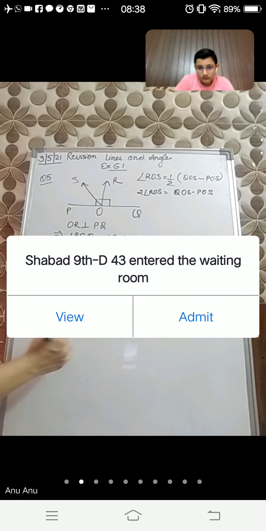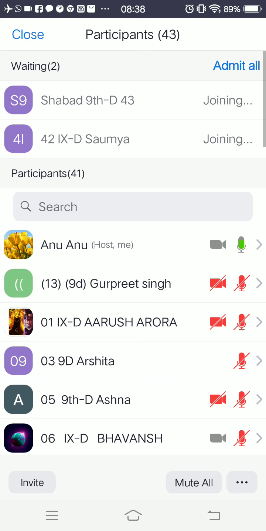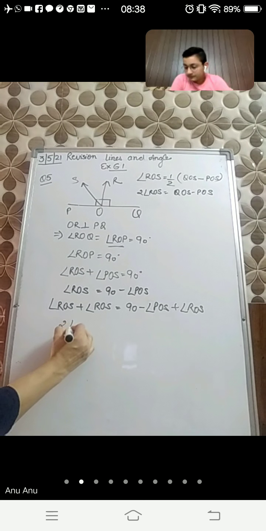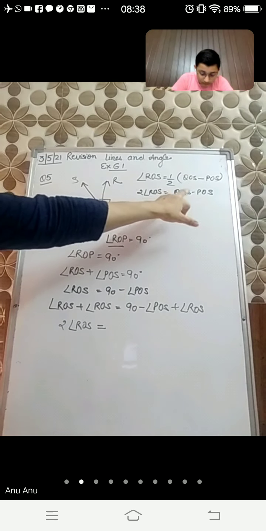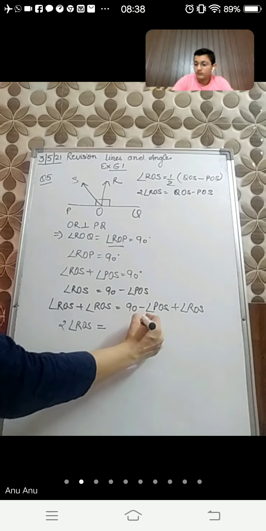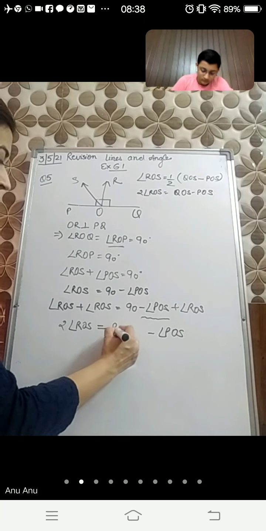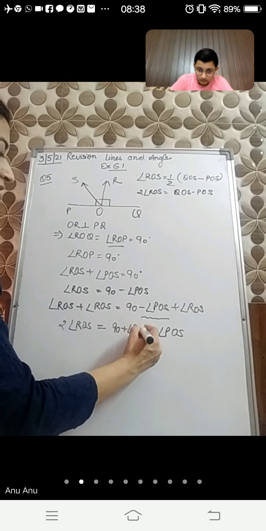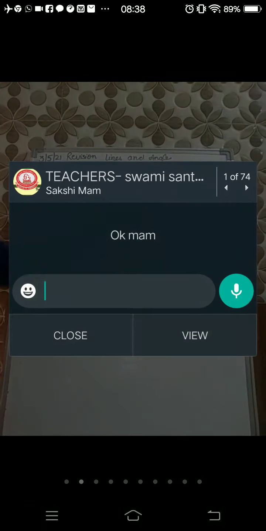Now this will give you twice of ROS. So this is twice of ROS is equal to what we need on the right hand side. We need QOS minus POS. This minus POS is the same, as you need in the answer. Keep this aside. And 90 plus ROS we are combining, because in place of these two angles we need QOS.